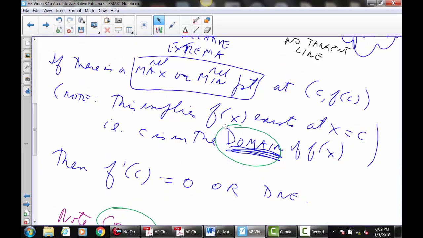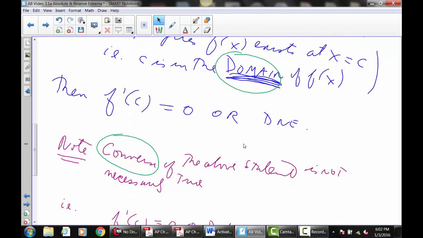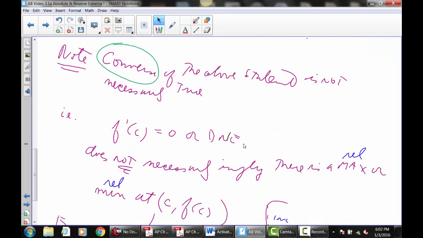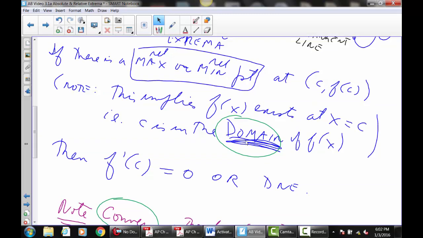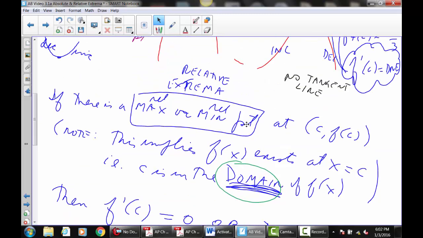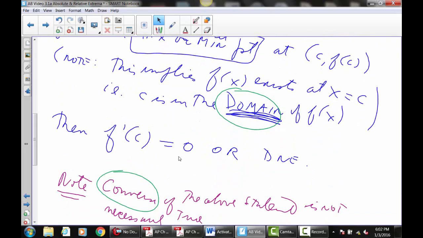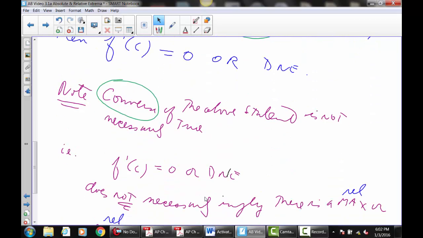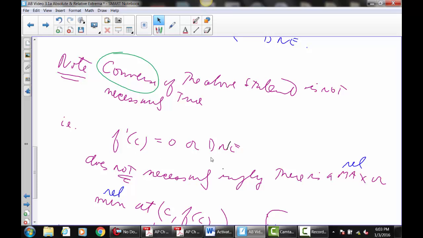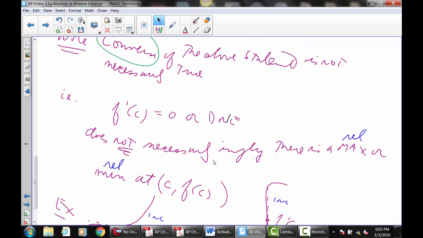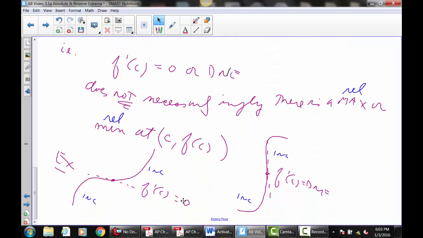The critical numbers that we'll be talking about are going to have to be in the domain of the function. And you have to understand that if you do have a max or a min, then you are going to have a derivative of 0 or non-existent. But the converse is not necessarily true. Just because the first derivative is 0 or non-existent does not necessarily imply a max or min.